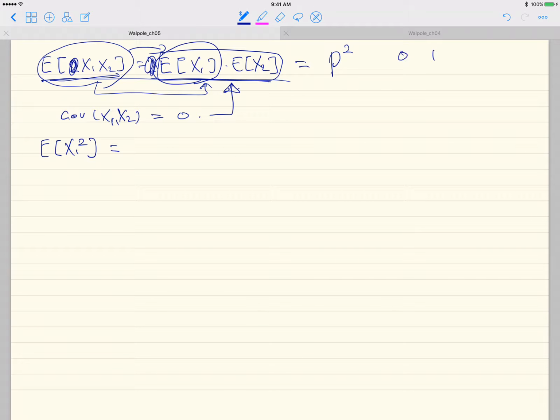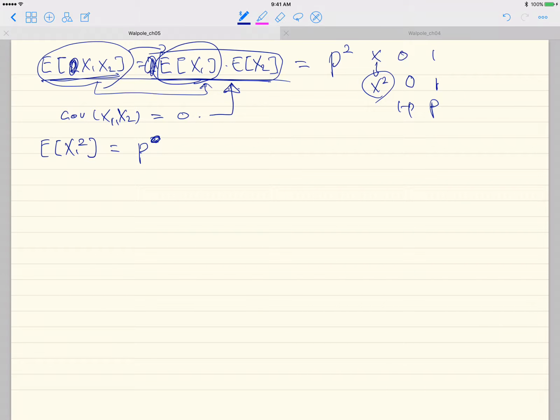So we start with 0, 1 as the unique values for x, and we change it to x squared, and then it becomes 0 and 1, and the probability will be 1 minus p and p. And then what is the expectation of this x squared? It's just p.